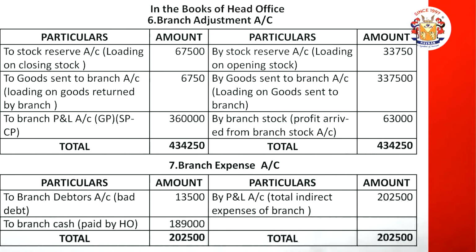On the debit side, we will record 1,89,000 also. It is nothing but branch expense paid by HO indirectly. Ultimately, we will get total indirect expenses of branch 202500 on the credit side of branch expense account, which will be transferred to branch profit and loss account.